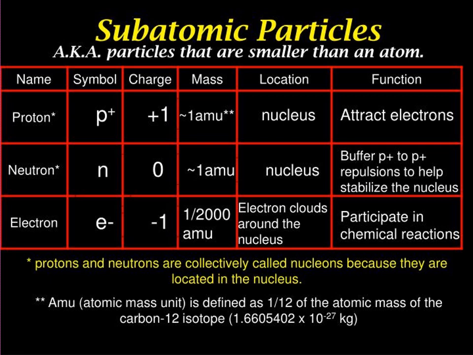Its mass is 9.1 multiplied by 10 power minus 28 gram. Function: participate in chemical reaction. Protons and neutrons are called nucleons because they are located in the nucleus. AMU means atomic mass unit, defined as 1 by 12 of the atomic mass of carbon 12.